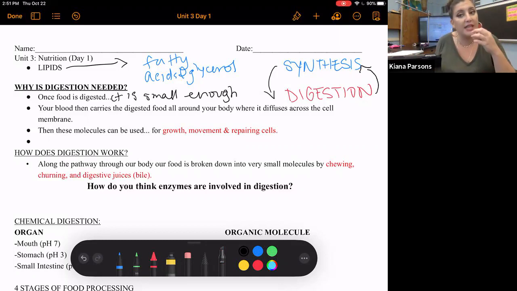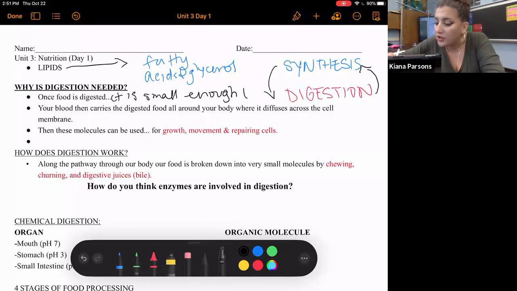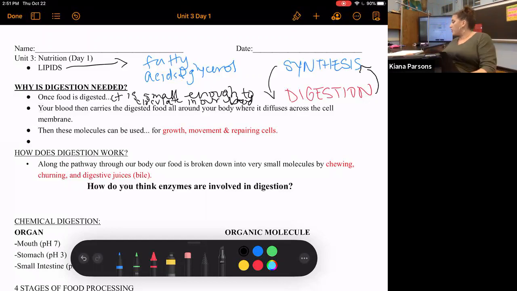We eat the protein, it is digested into amino acids, and then once it's digested into amino acids, it is small enough to circulate in our blood, to diffuse across the cell membrane and into your small intestines where nutrient absorption happens, but we'll talk more about that in Unit 5.